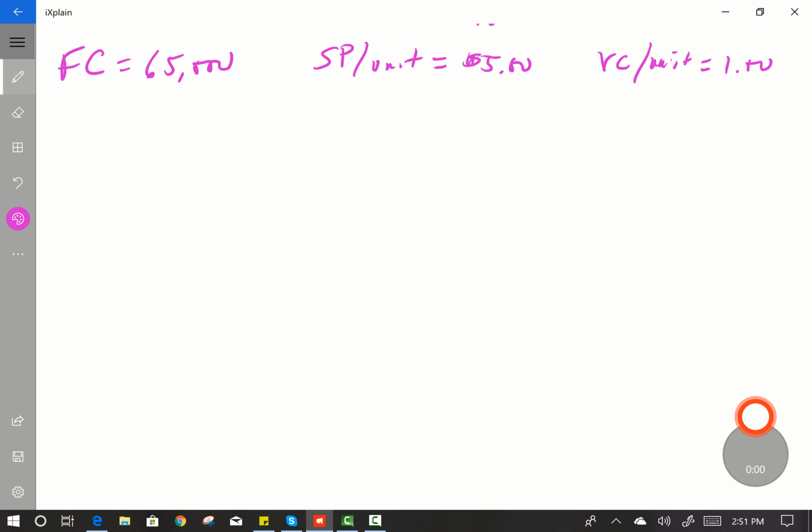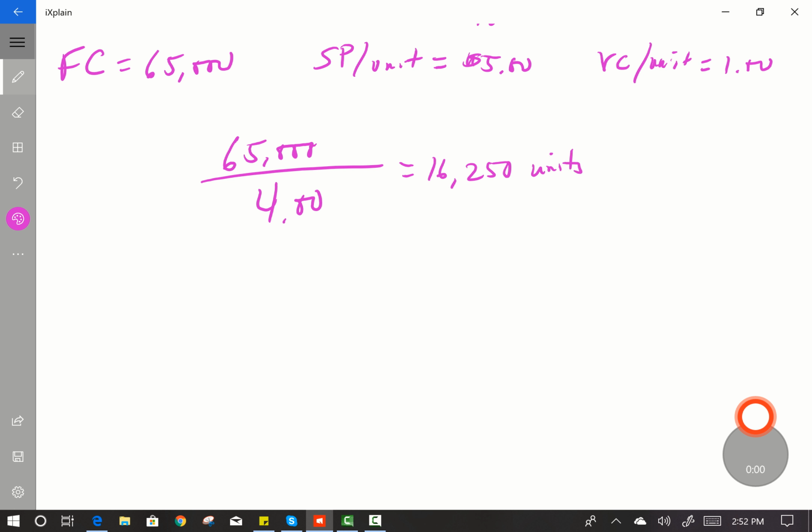So I'm going to subtract the variable cost from the selling price. $1 from $5 is $4. And I'm going to put $65,000, the fixed cost, on top. So $65,000 divided by $4 equals the break-even point of 16,250 units.